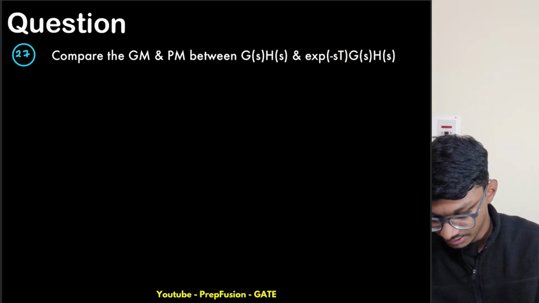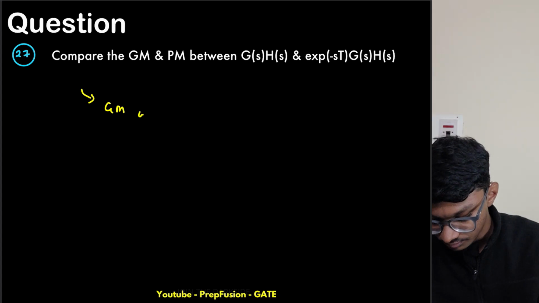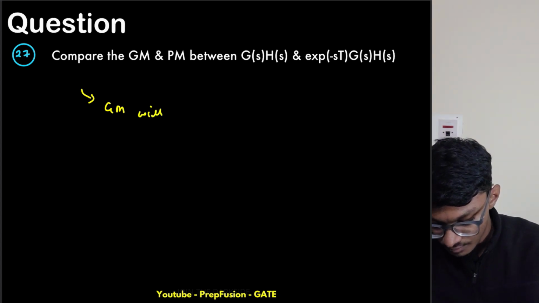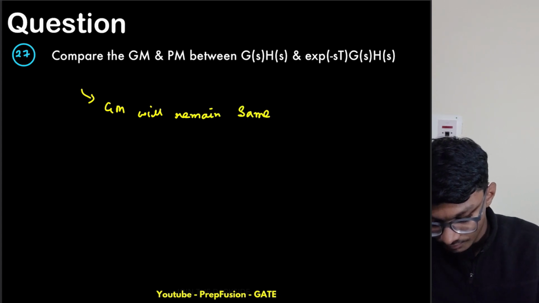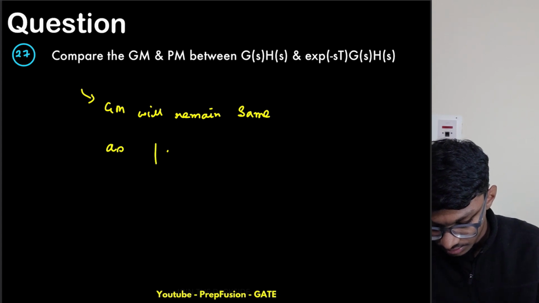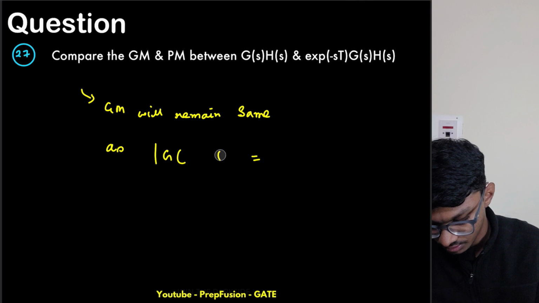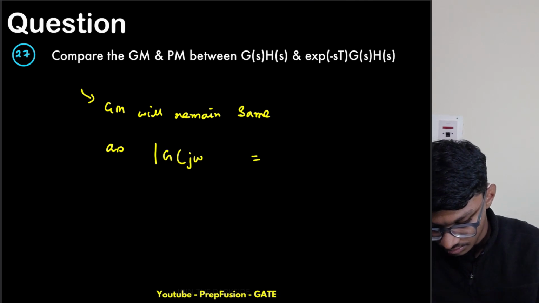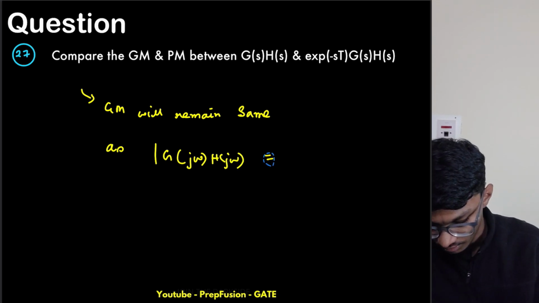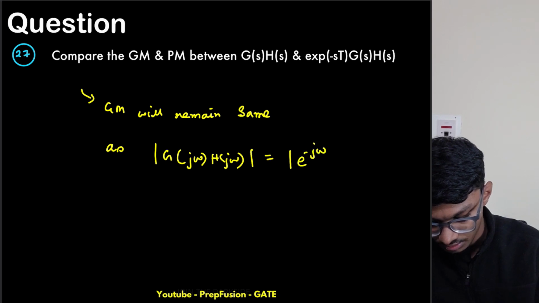So you might say that my gain margin will remain the same, as magnitude of G(j omega) H(j omega) equals magnitude of e raised to power minus j omega T times G(j omega) H(j omega).